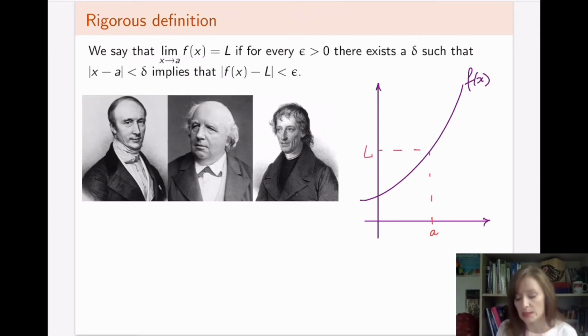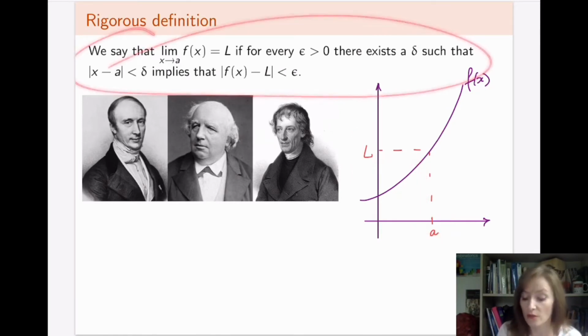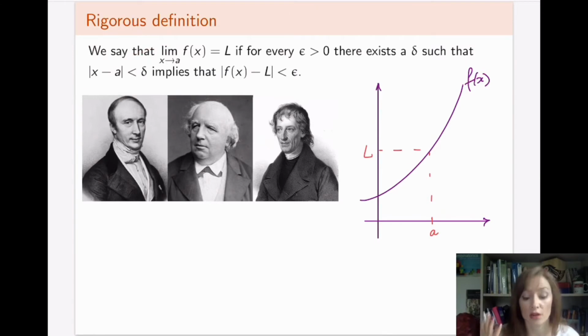What this is saying is we can play the following game. You can tell me how close you want to be to L, and I will tell you where you have to start on the x-axis to be able to get that close to L. Okay, that's all this very complicated looking and very notation heavy definition is saying.